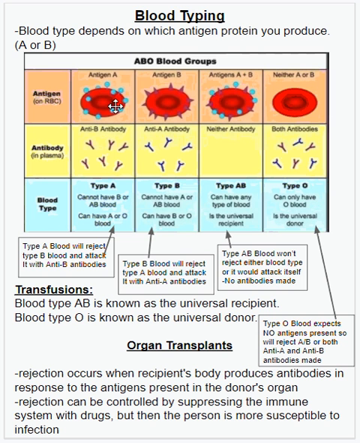Now, each individual's body produces a defense system against the opposite or the unknown. So a person who's type A makes the A protein, they make anti-B antibodies. So if a B protein enters their body, it will attack it and kill it.